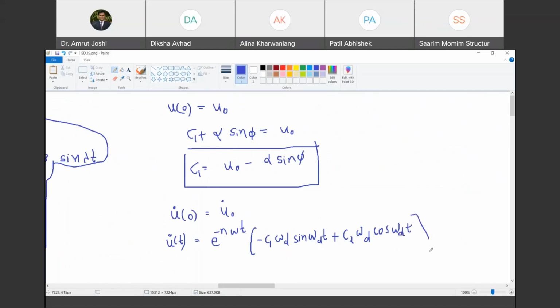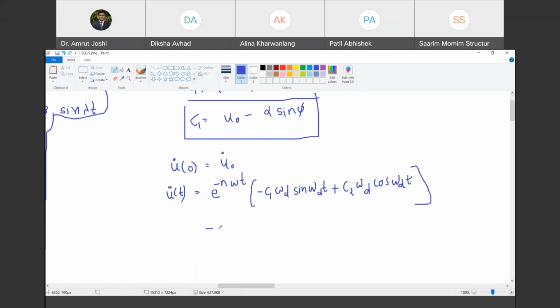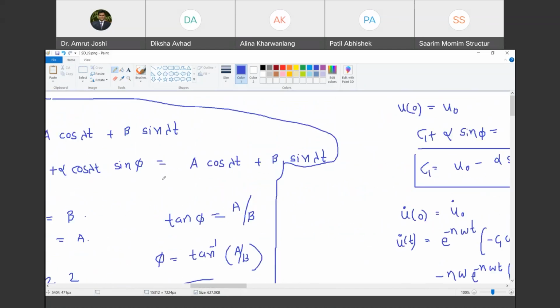This is a differentiation of the bracket. Now minus eta omega e raised to minus eta omega t into bracket C1 cos omega d t plus C2 sin omega d t. Are you with me? And then plus differentiation of the next term. What is the next term?